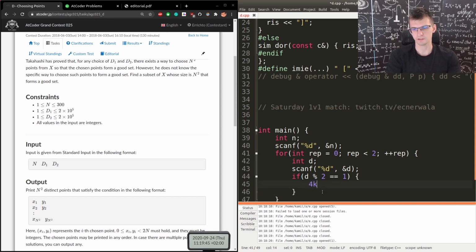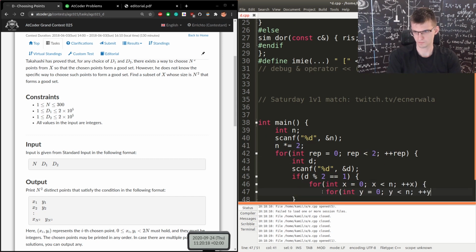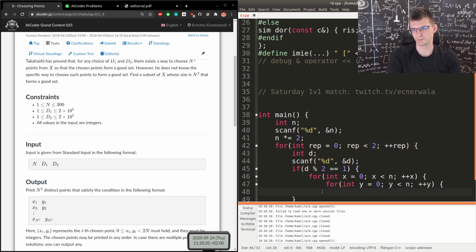Let's think. If it's 4k plus 3, it's impossible to get. If it's 4k plus 1, it's possible, and that will be only odd plus even. So like if we differ by 4 rows and 3 columns, for example, yes, this will be a different color.